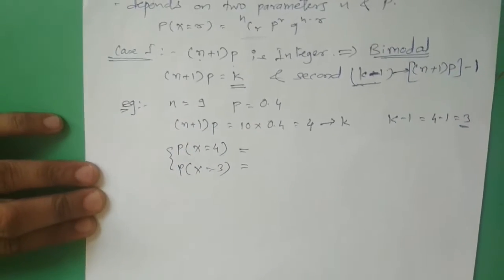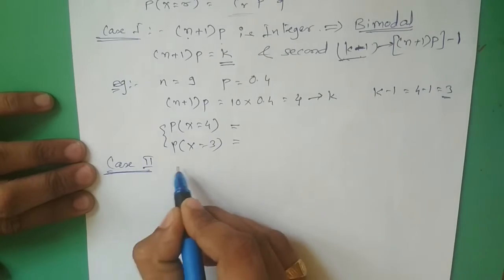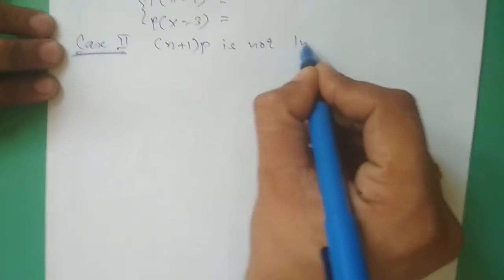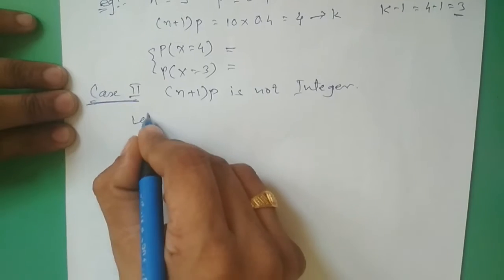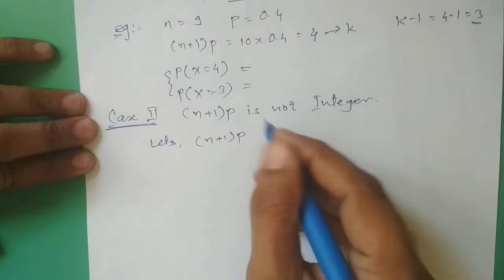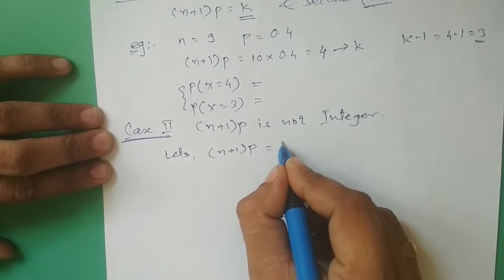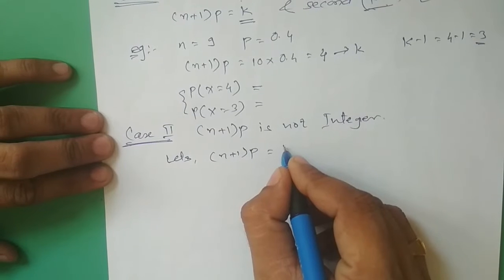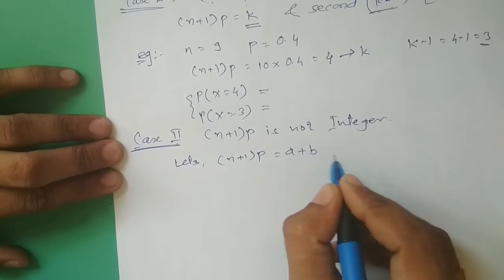Okay, and the second case is when it is not an integer. So (n+1)p is not an integer, which means it's always in terms of some fraction. So we can say that (n+1)p is equal to a plus b, where the first part is the integral part, denoted by a, and next is the fraction part, right?